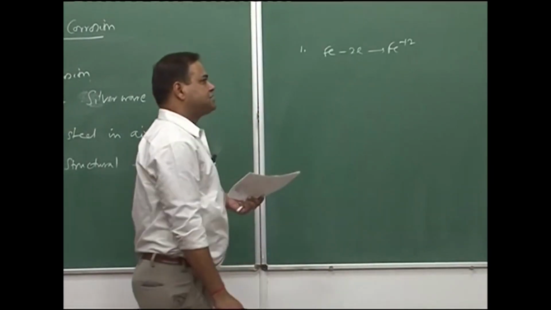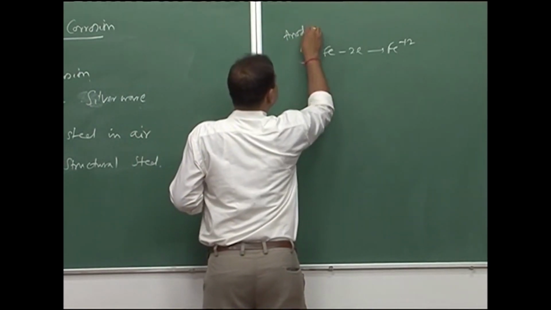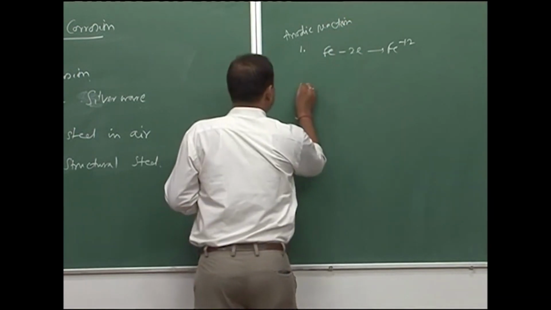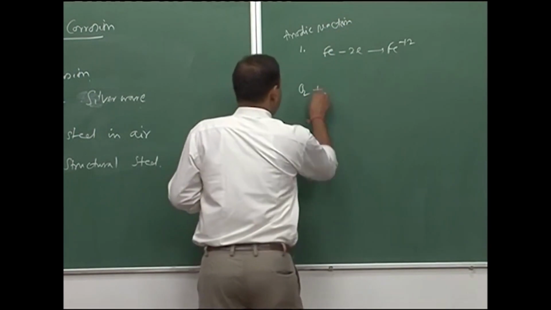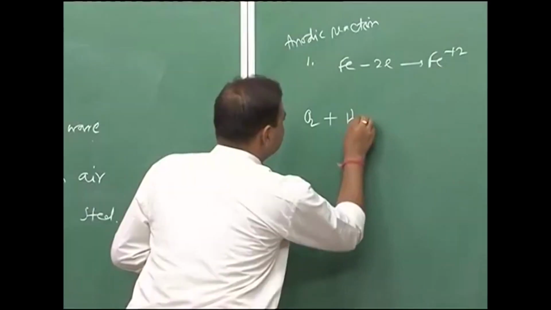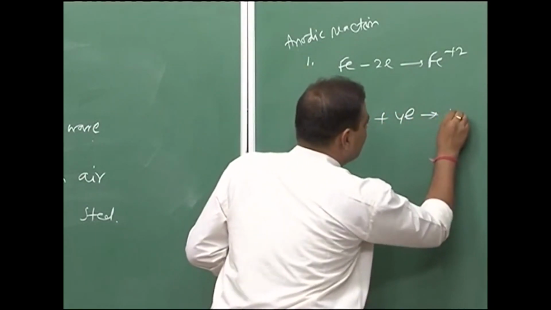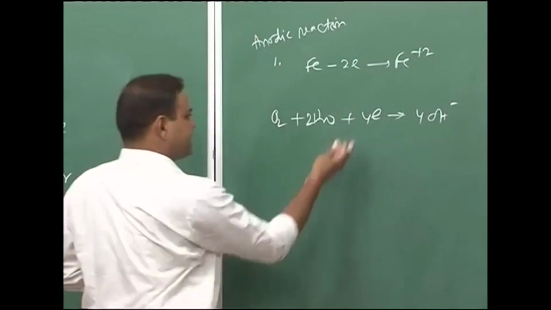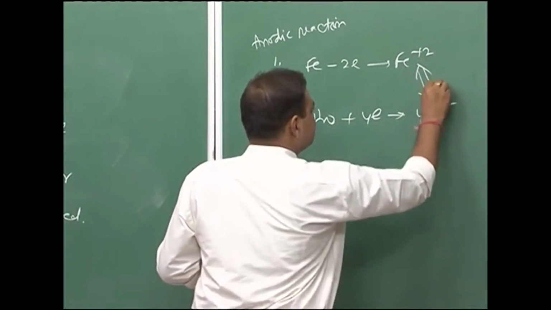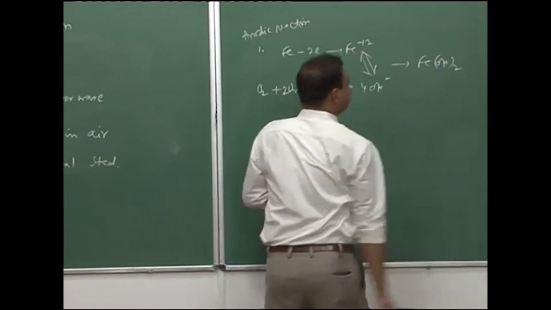What is the cathodic reaction in the atmosphere? In the atmosphere we have oxygen and it is almost close to neutral media. So, O2 plus 2H2O plus 4e- goes to 4OH-; this is the cathodic reaction. Now, these two can react forming Fe(OH)2.